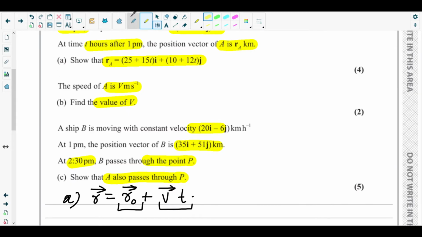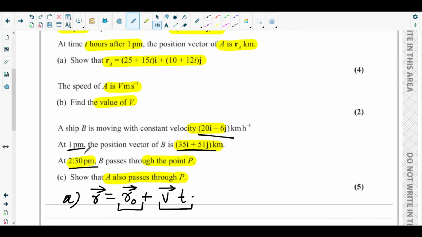So let's figure out the position vector of P first. How can we find it? We know the initial position of ship B, we know its velocity, and we also know the time at which ship B passes through the point P.